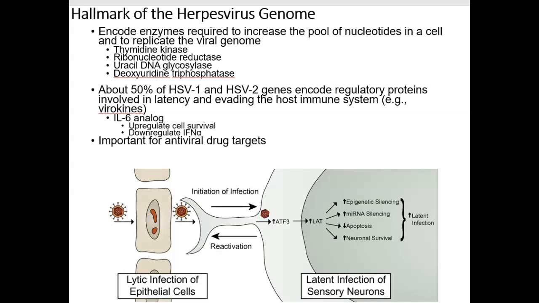Now, in order to maintain themselves during latency, they might need to be growing in some cells that don't normally have very active metabolisms, as I mentioned before. So they have genes to make more nucleotides available to them.